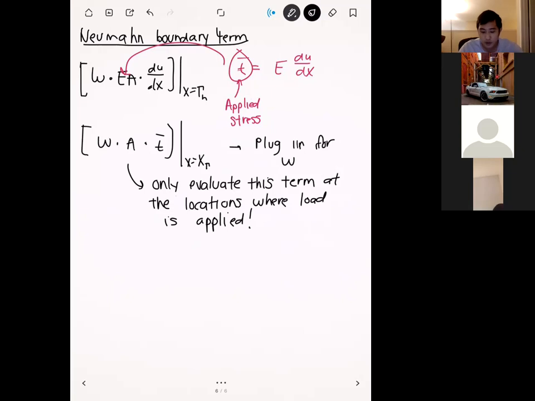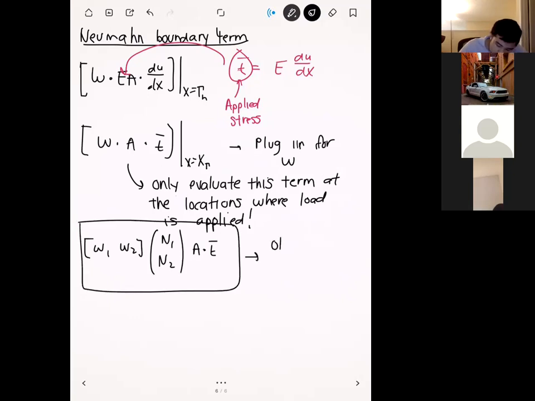For 1D problems, we're only going to apply this maybe to just one node in the system. So we plug in for W, and what we get is W1, W2 times N1, N2 times A times T bar, and this is only evaluated at the place of loads.